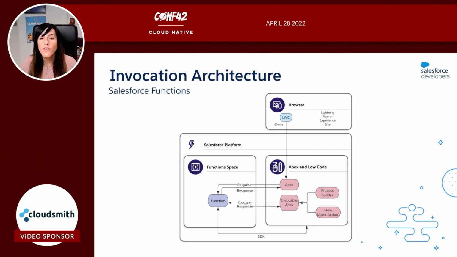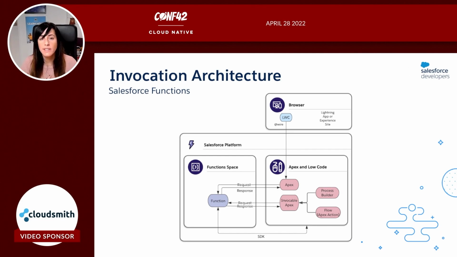Great, so now that you know what a function looks like, let's take a look at the different ways in which you can invoke a Salesforce Function. Functions need to be invoked from Apex. You can invoke them synchronously or asynchronously.